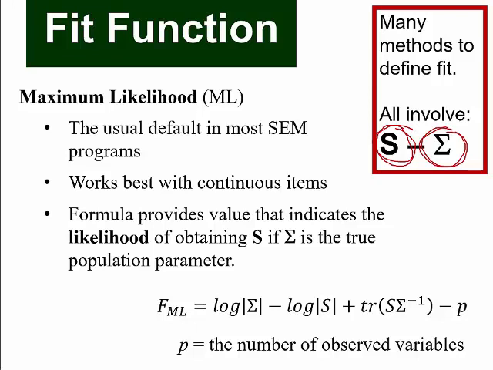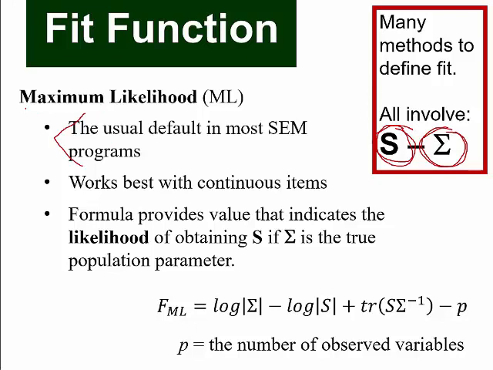We already talked about maximum likelihood in our previous unit, when we were using structural equation modeling to get estimates for regression models. And a lot of computer programs for doing structural equation modeling make maximum likelihood their default. So if you don't specify anything, it might just assume you want to use the maximum likelihood estimator.